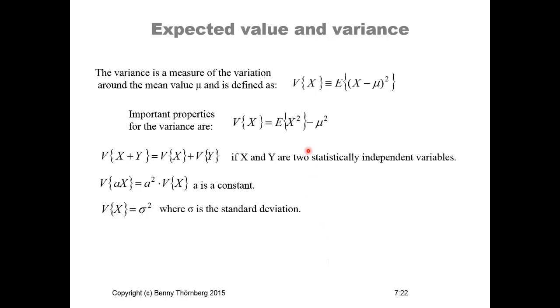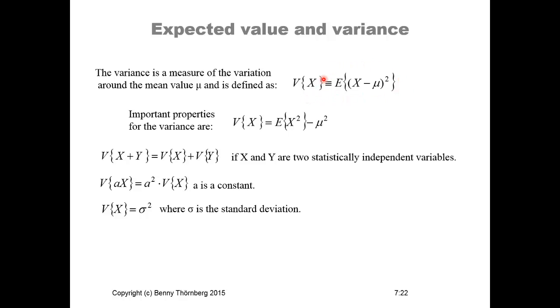The variance is a measure of the variation around the mean value mu, and is defined as the variance of x equal to the expected value of the stochastic variable's distance to its mean value mu, squared. We square this distance, and then from this function we compute the expected value.